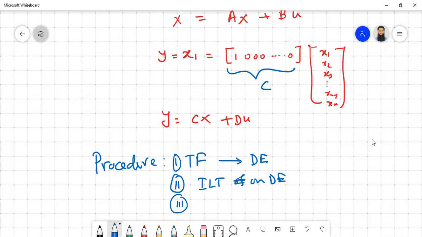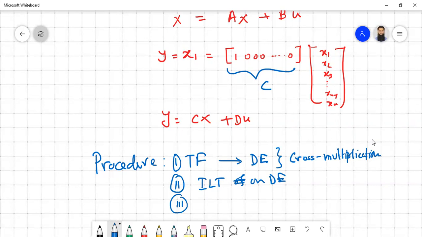The method for this one is cross multiplication. Don't worry, we'll go along with an example, so things will be easier.